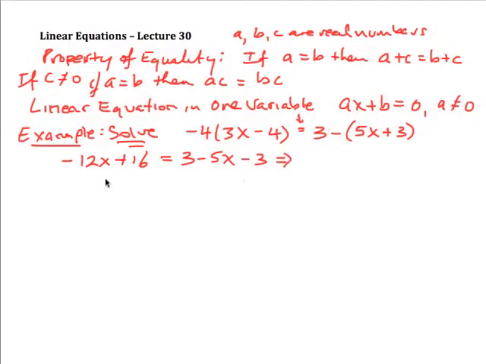Now if I want to get things by themselves, I could add 5x to both sides. So I'd end up with negative 7x plus 16 on the left.